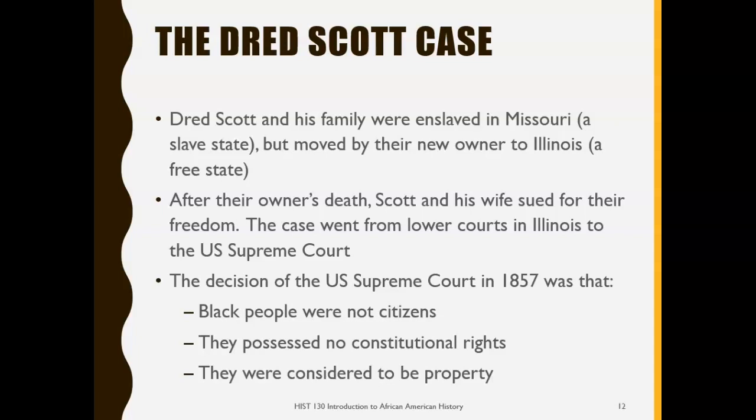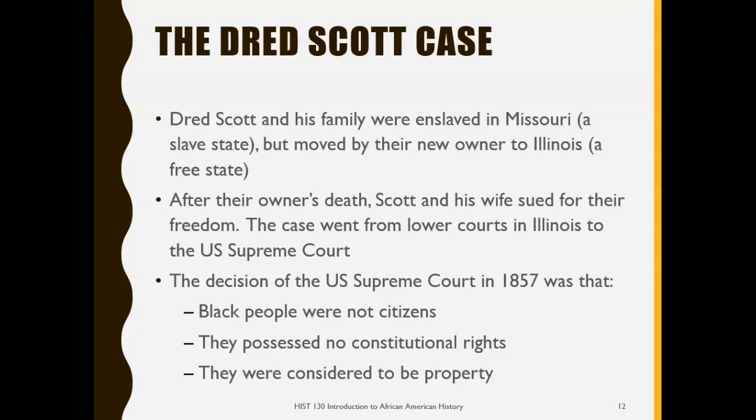So they brought the lawsuit in court, which they lost in the state court. But the case went all the way to the Supreme Court with the help of friends who funded and helped Dred Scott and his wife. And the decision of the Supreme Court in 1857 was really surprising, because the Supreme Court said that black people were not citizens.